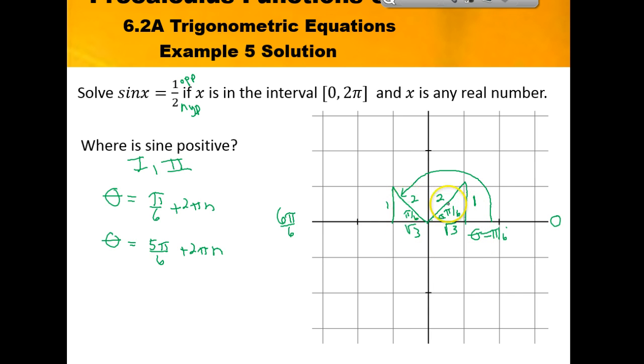So I have these pairs that are close together, but they're not pi apart or 2 pi apart. There's some other number apart. They're actually, what's 5 pi over 6?